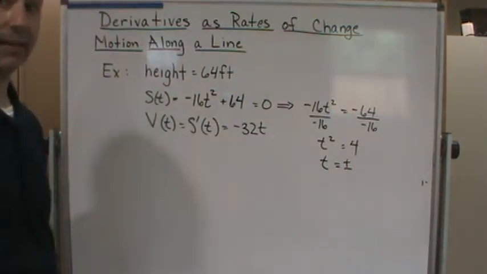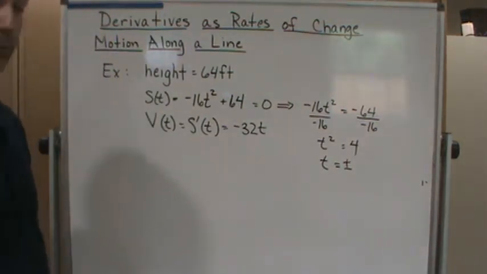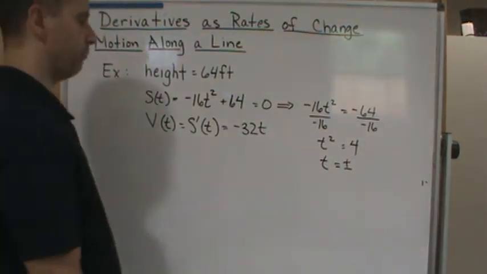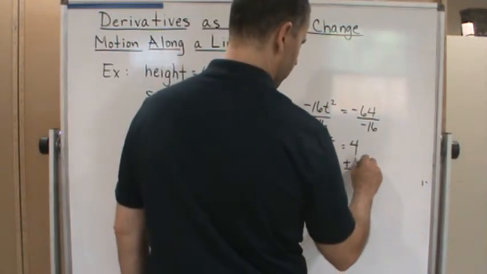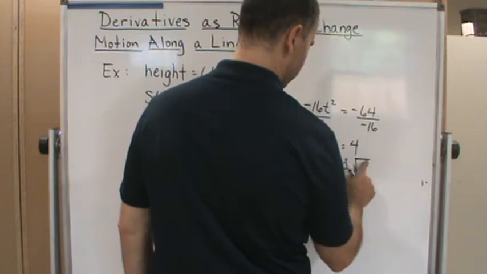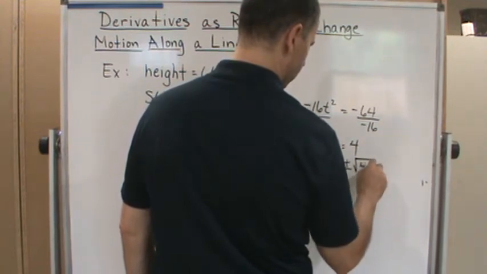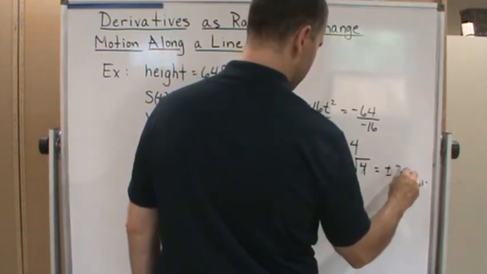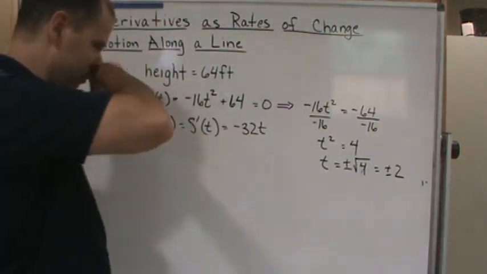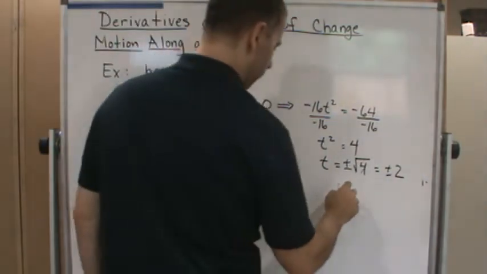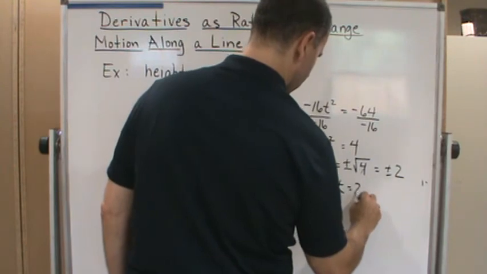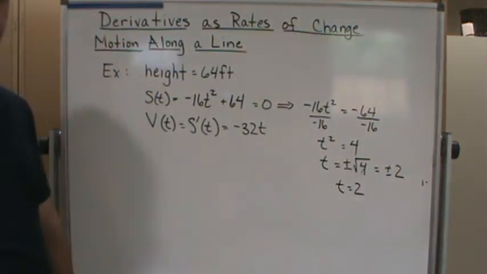Don't forget, when you're taking the square root of both sides, you've got to have plus or minus. That equals plus or minus 2. Now, obviously from the context of the problem, we're not interested in negative time, right? So t equals 2. Okay?